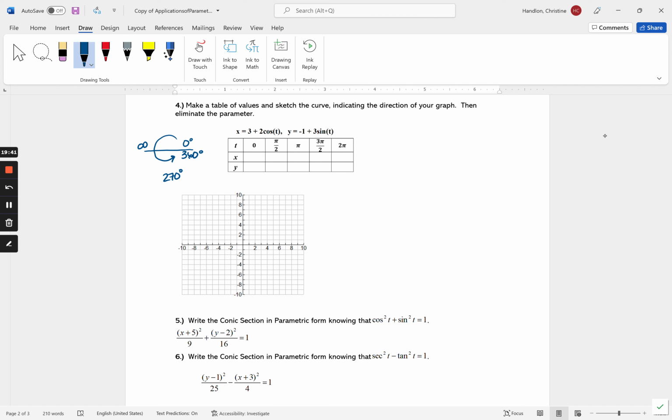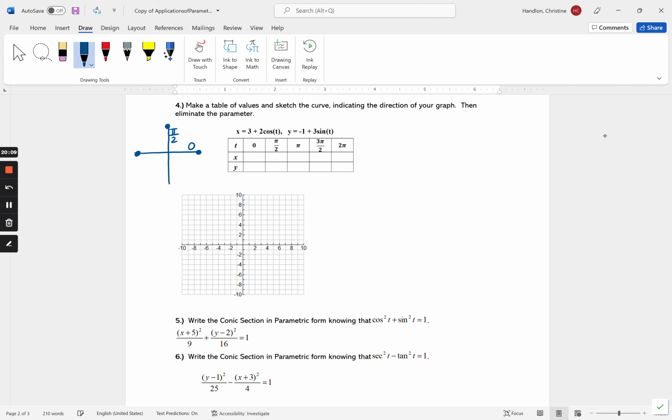Okay, so let me erase this. Now, in this scenario, we're not going to use 0, 90, 180, 270, and 360. We're going to use radians. So here at 0, we're going to have a point that I need you guys to recall. At 90 degrees, which we call pi over 2, we had another value.